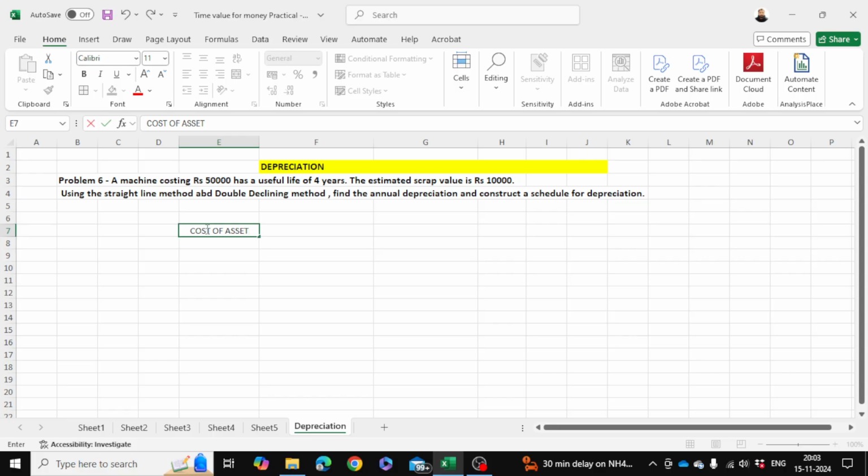A machine costing rupees 50,000 has a useful life of 4 years. The estimated scrap value, in Excel we will be calling scrap value as salvage value, right? Salvage you can use. The estimated scrap value is 10,000.